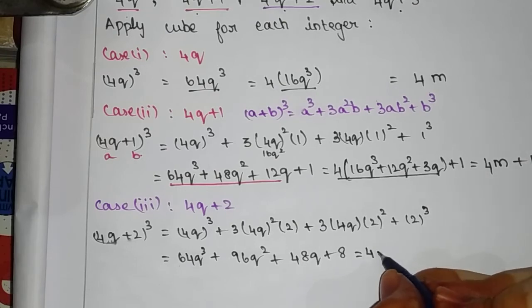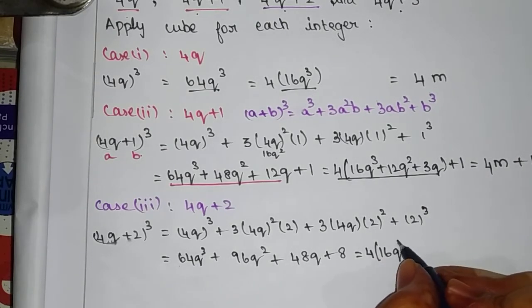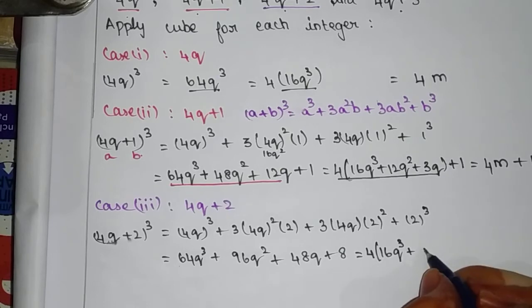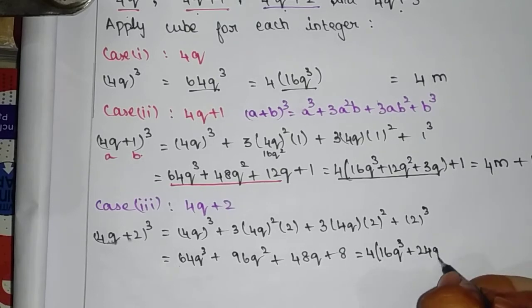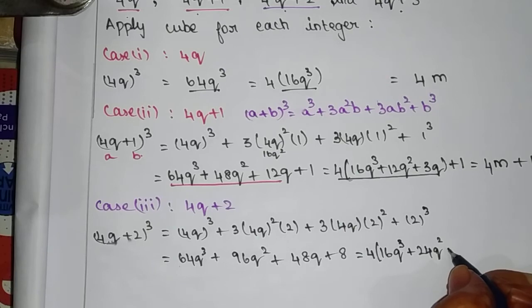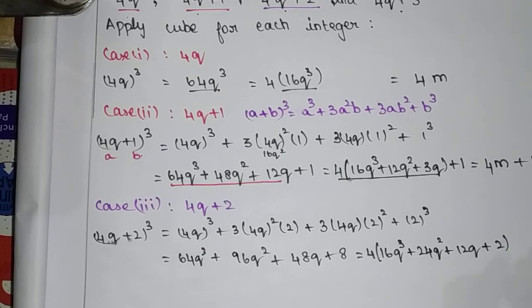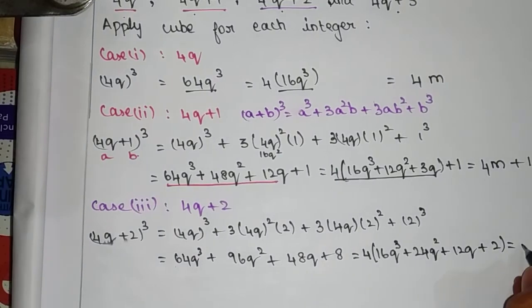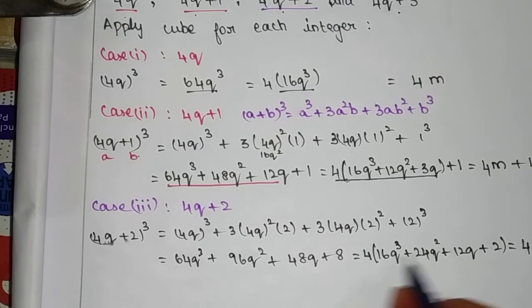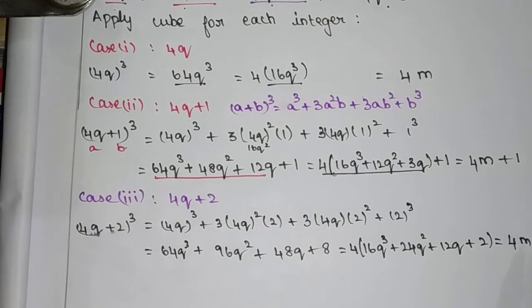So I am taking 4 as common. We get 16q cube plus 24q square plus 12q plus 2. Here it is in the form 4m. See, this is the multiples of 4 and I am writing this as 4m.